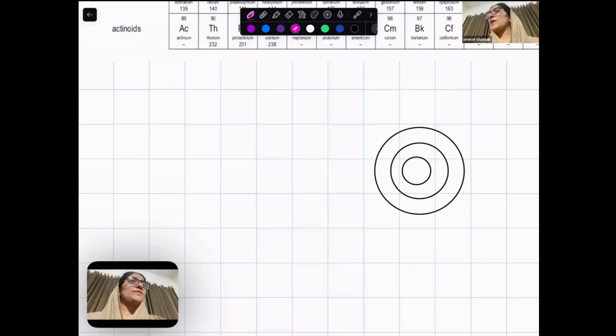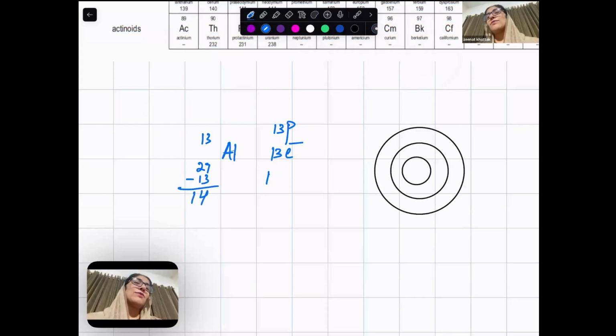Now suppose I am drawing aluminium again for you. Aluminium, 13, 27: 13 protons, 13 electrons, and 27 minus 13, 14 neutrons.